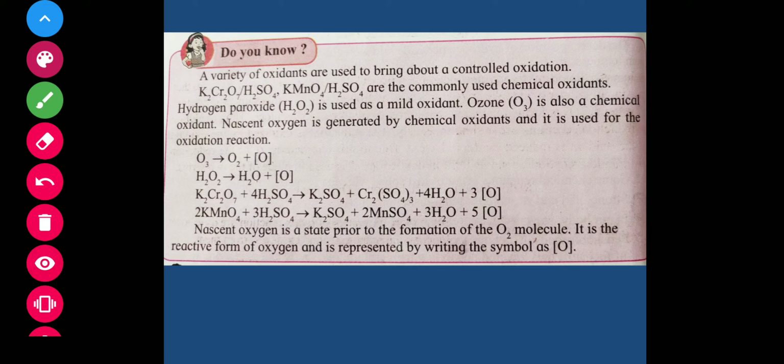So what is this nascent oxygen? Nascent oxygen is a state prior to formation of O2 molecule, it is the reactive form of oxygen, and it is represented by the symbol O.